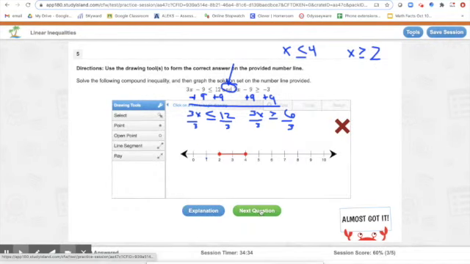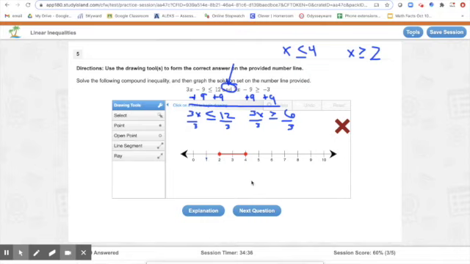Oh, I did something wrong. Let's figure out what I did wrong here before we move on. I didn't add. I wish you guys could have yelled through YouTube and told me my mistake there. 12 plus 9 is 21.